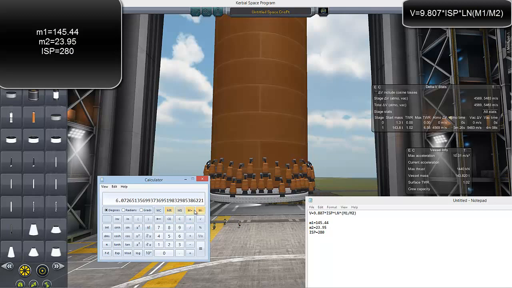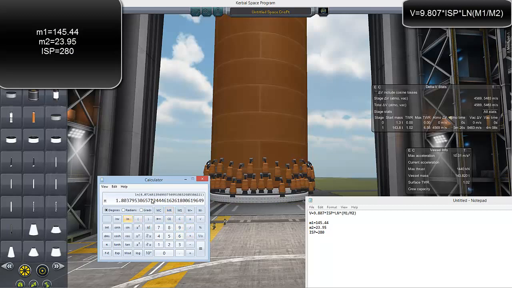Then we multiply that by ln, which is a logarithm, and this is on scientific calculators. Right here, just click that, and that gives you that.